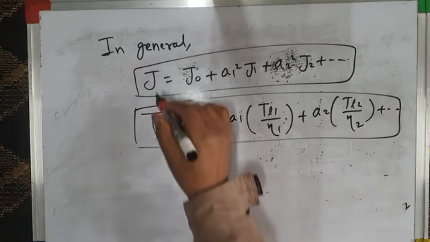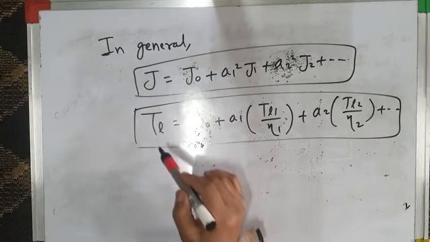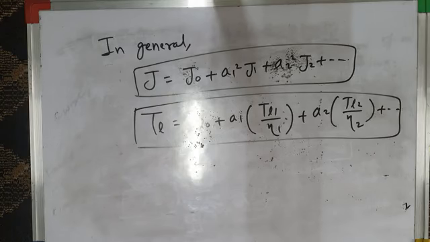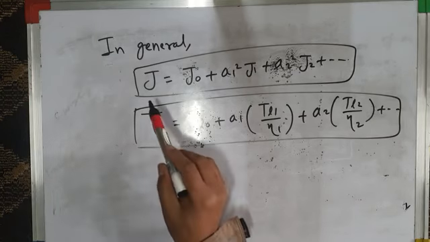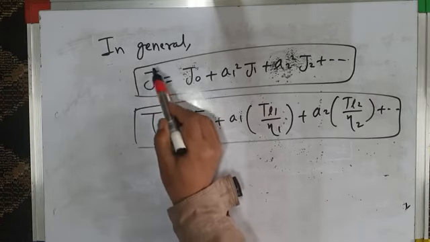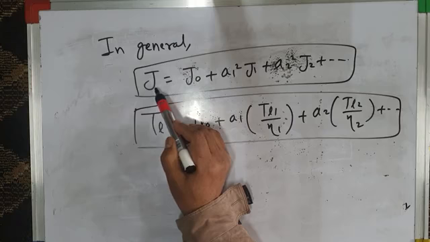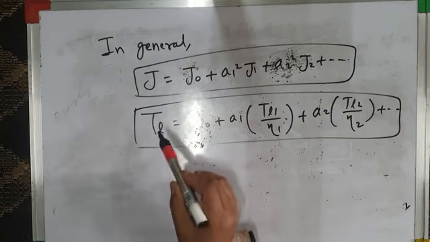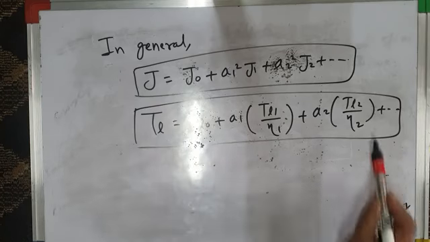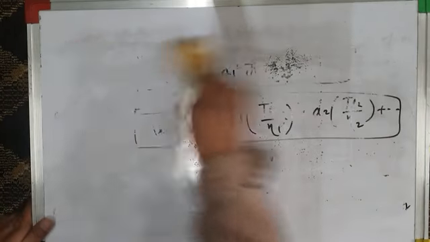Once you have the information about total inertia and total load torque, you can select the rating of the motor so that the motor is able to run the load which has a total moment of inertia given by this equation, and at least develops a torque equal to the total load torque TL given by this equation. This helps us in the selection of a motor of a particular rating. This is for rotational load.